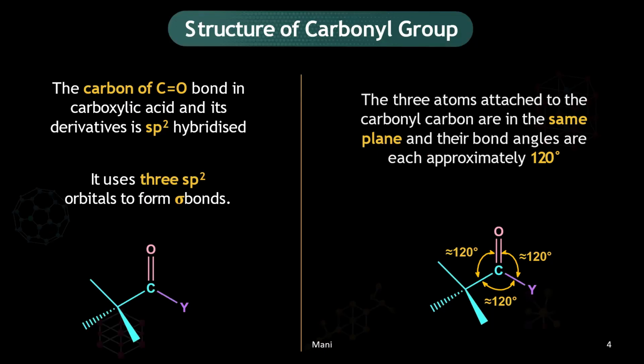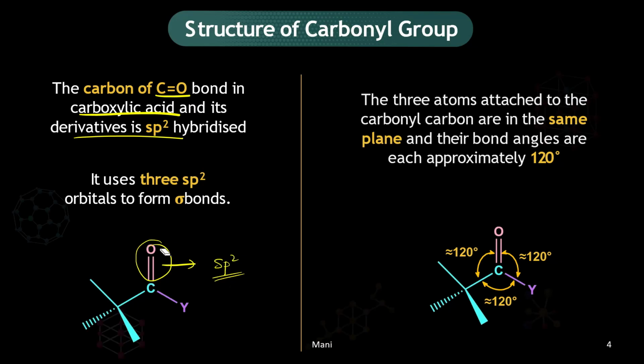Okay, so let's discuss more about carboxylic acids. The carbon which has the C double bond O in the carboxylic acid and its derivatives is sp2 hybridized. Wherever we have a double bond, we always know the hybridization will be sp2.